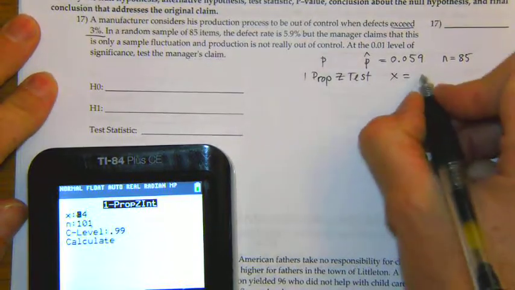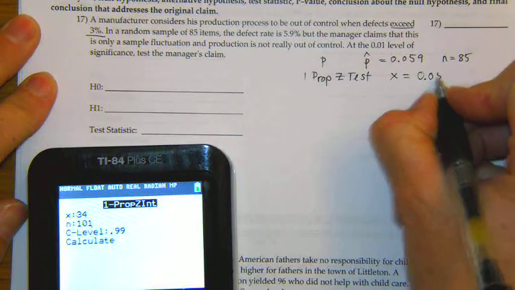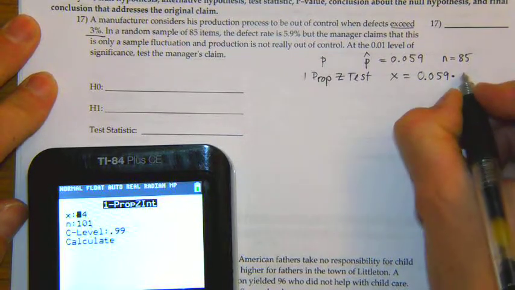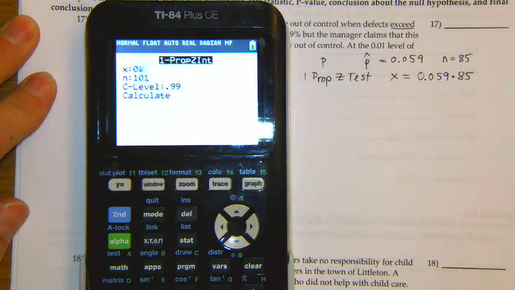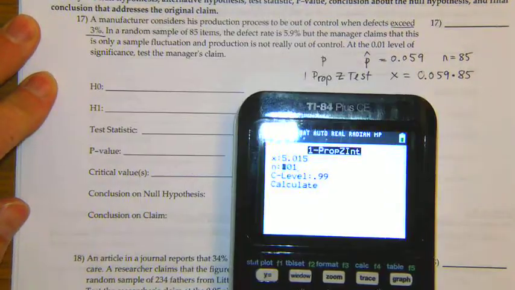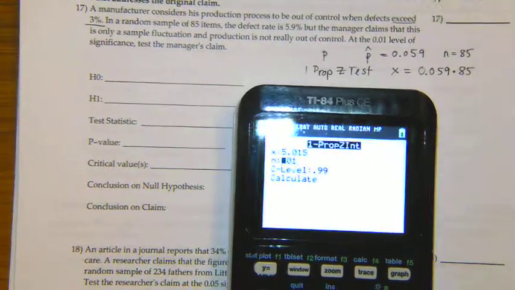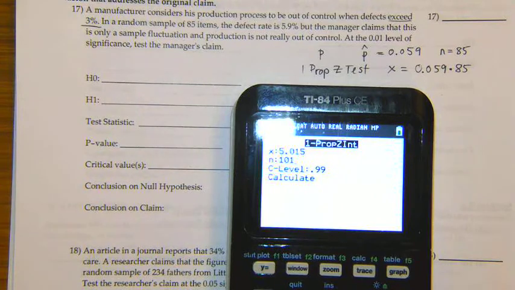So 5.9%, or 0.059, times our sample size, 85. It says that's 5.015. What do we have to do over here? We have to round it. It has to be a whole number, so round to the closest.